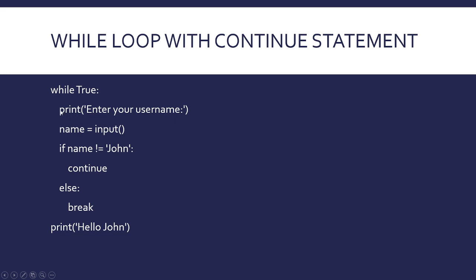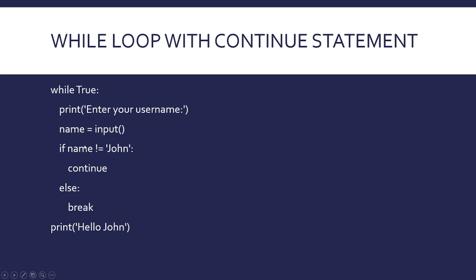So what we will do is, we will ask the user to enter his or her username, and as the user enters the username, we will check if the username is equal to John or not.